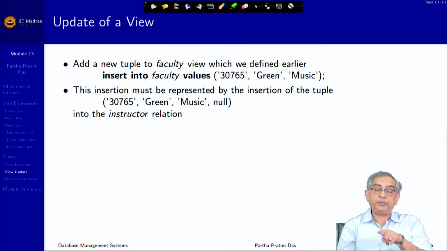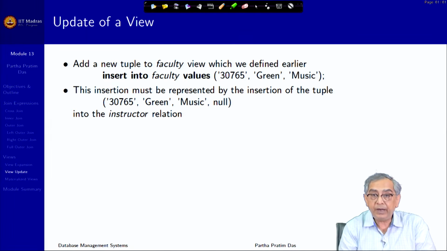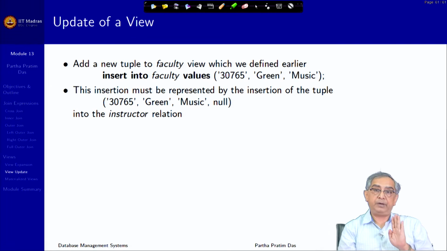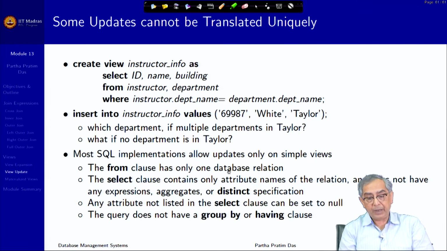So this insert will be possible if that salary field is nullable, and in the instructor relation this quadruplet will get inserted. If that is possible, this update will happen.